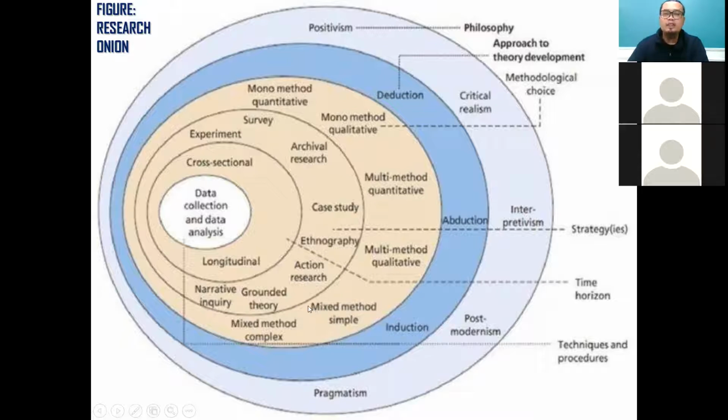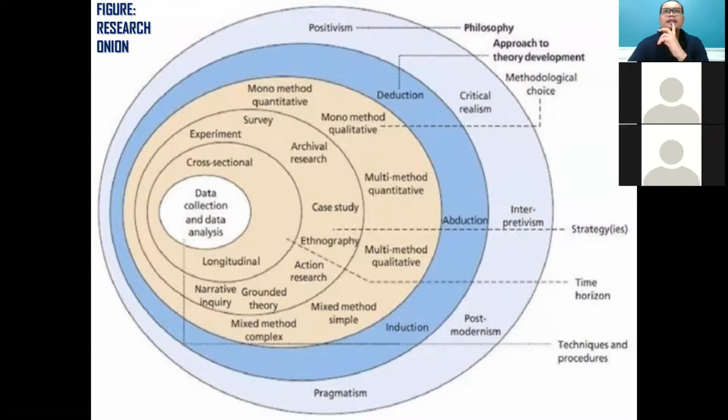We have the exploratory sequential, explanatory sequential. But for the complex, we call that the transformative mixed methods, or some call it concurrent. What is the name actually?